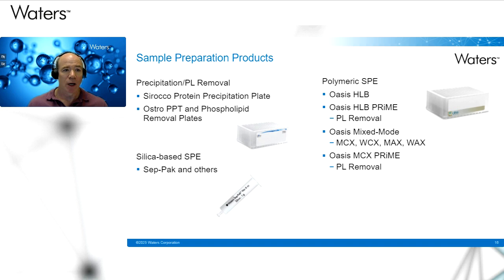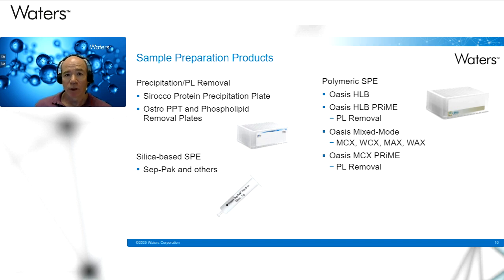We have the Sirocco protein precipitation plate, which is just a filter plate, or we have Ostro, which allows us to remove the phospholipids and precipitate as well. There are silica-based solid phase extraction products, such as, in Waters, Sep-Pak, but there are others; again, other manufacturers make them as well. And finally, there are polymeric solid phase extraction products. These are probably used more frequently than any now.